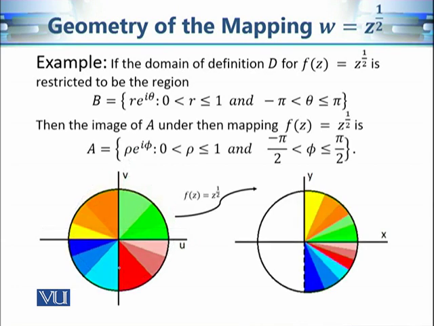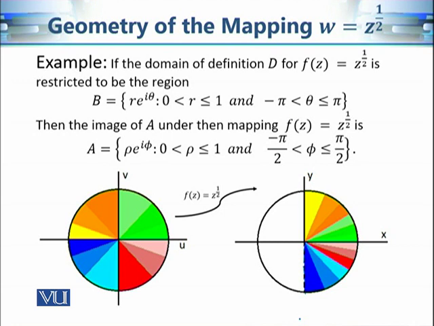Now we can calculate the image. In this case, r lies between 0 and 1. So when we take the square root, rho lies between 0 and 1. And when we apply this principal root function, theta will be halved. So in other words, phi lies between minus pi by 2 and pi by 2. Once again, this minus pi by 2 will not be included, so this is a dashed line.